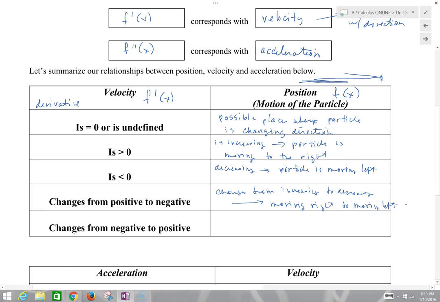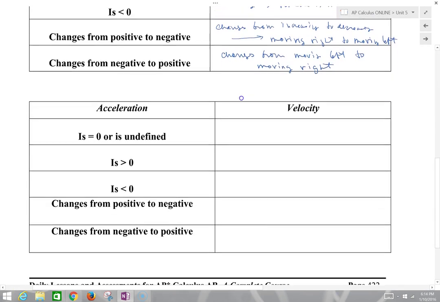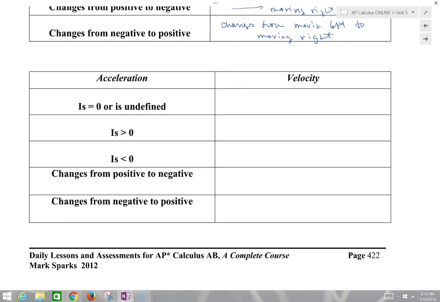When it changes from negative to positive, we know it changes from decreasing to increasing, which means it changes from moving left to moving right. So we're going to do the same thing for acceleration and relate that to velocity.